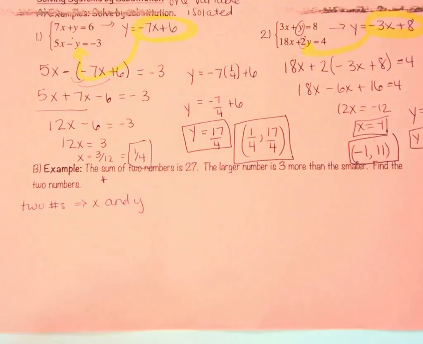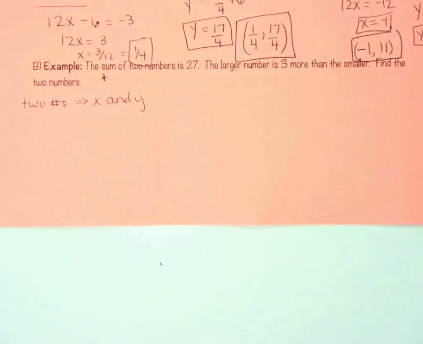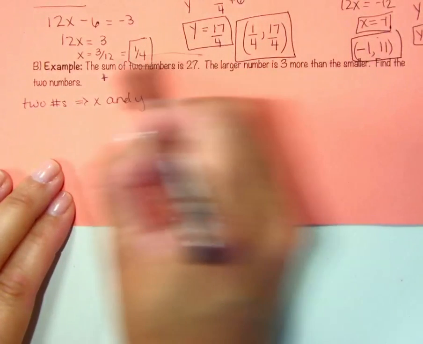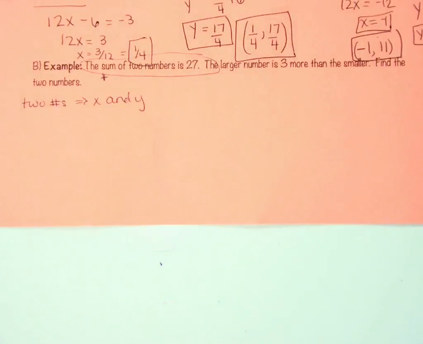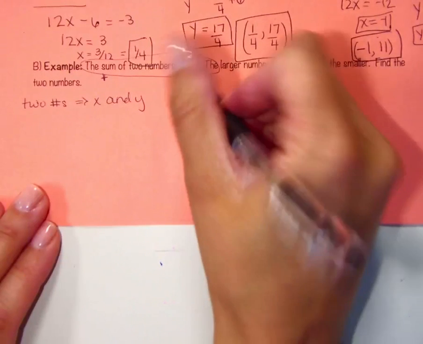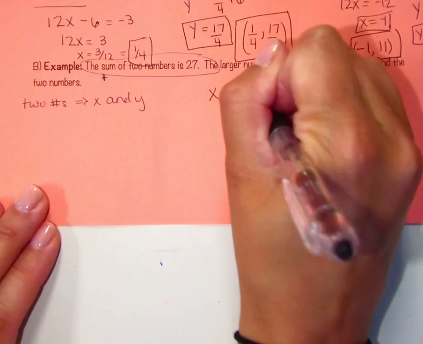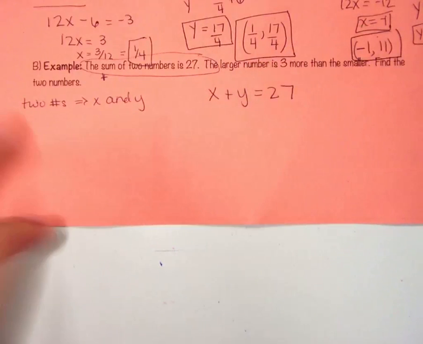You could pick any variables you wanted, really. So how can I turn this sentence into an equation? The sum of 2 numbers is 27. X plus y equals 27 gives us our first equation.